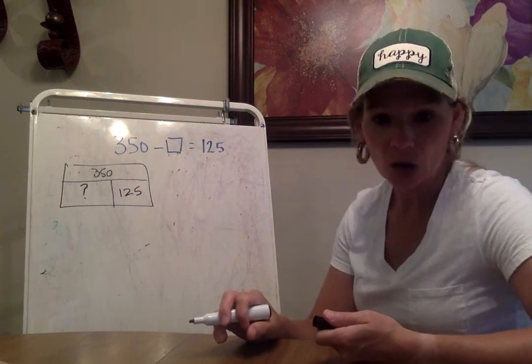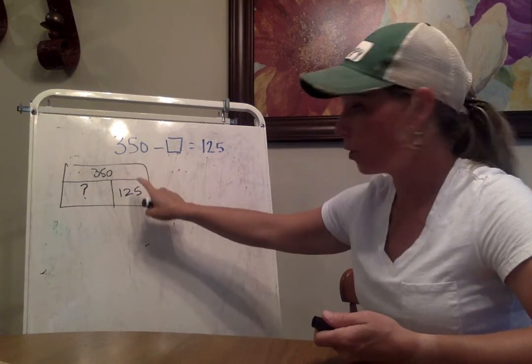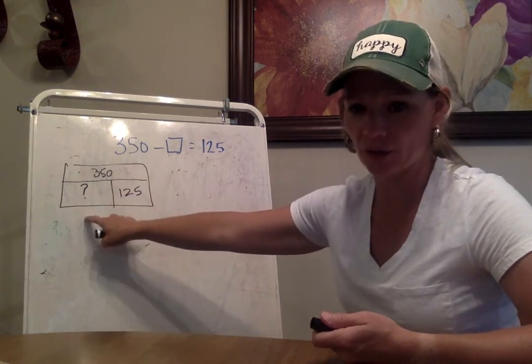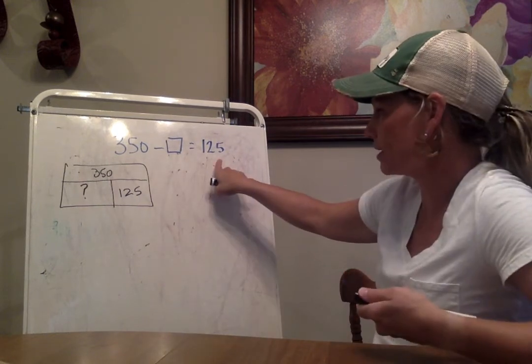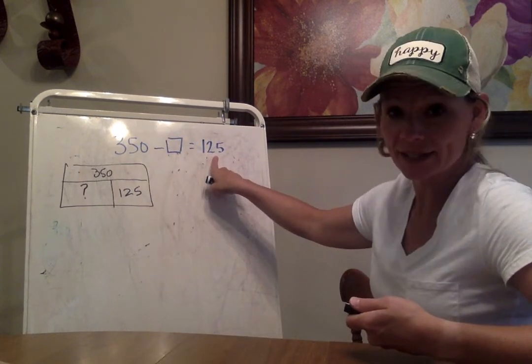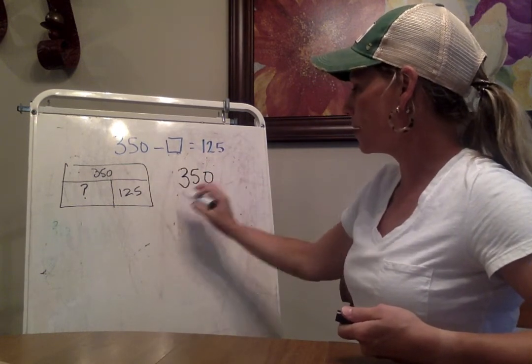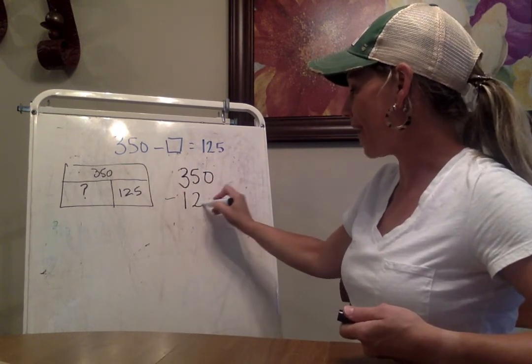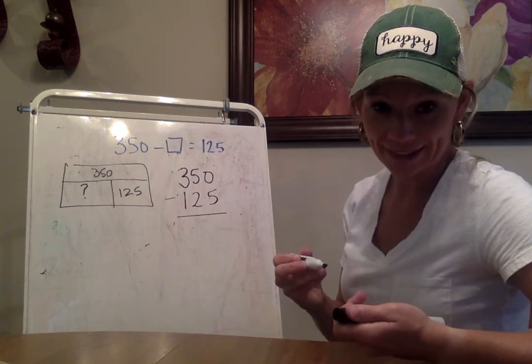I know what's left, 125, right? So I know that if I know the whole, I can take away one part and get the other part. So I don't have to take away something I don't know to get this. I can take away this and get the missing part. So if I take all the cookies and I take away the part that's left, it's going to leave me the part that the people ate, right?